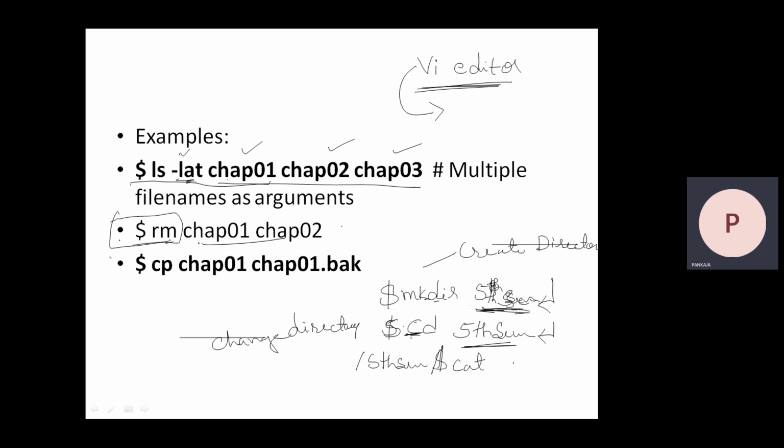Now, how to create a file using the cat command. You need to go for cat, and there is a redirection operator. Using this you can create the file. Use the greater than symbol followed by the file name. So I am going to create the file c.txt. Then enter.